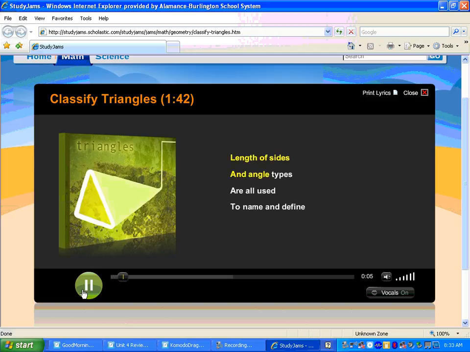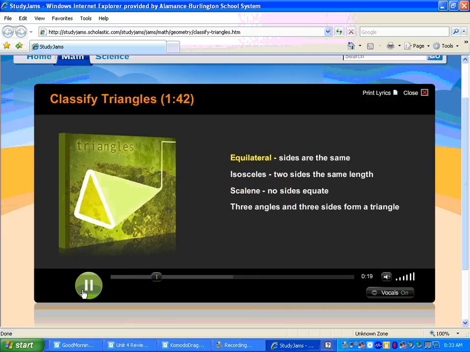Length of side and angle ties are all used to name and define the types of triangles we use in life. Learn the traits so you can name. Equilateral sides are the same. Isosceles, two sides the same line. Scaling, no sides equate.